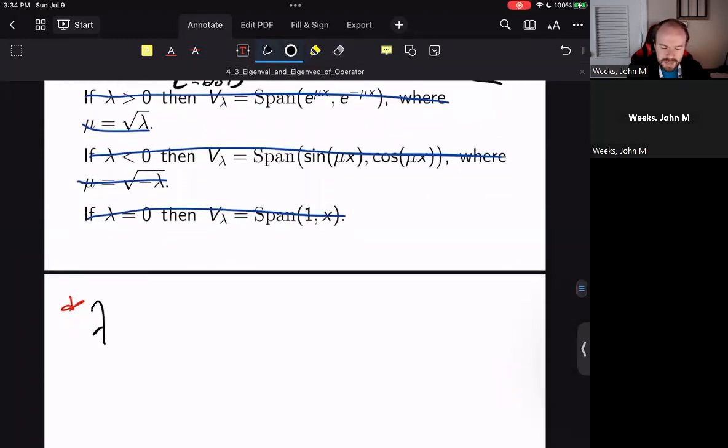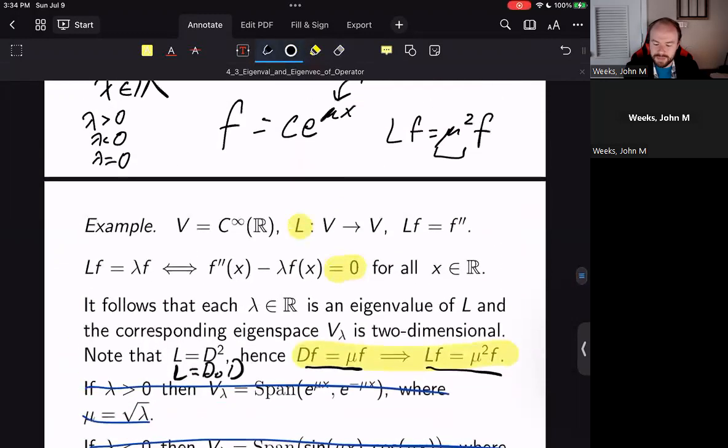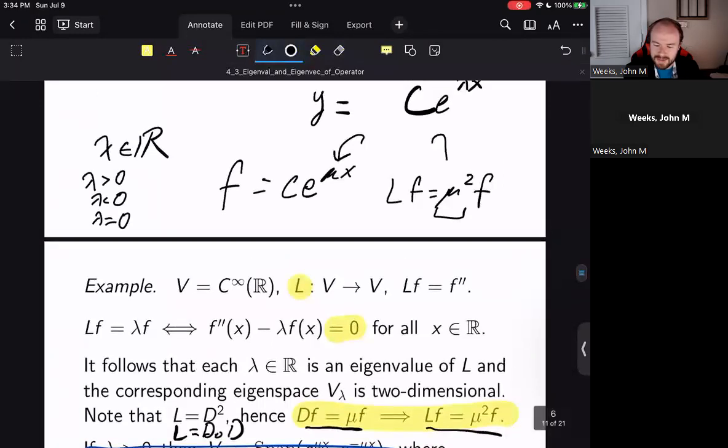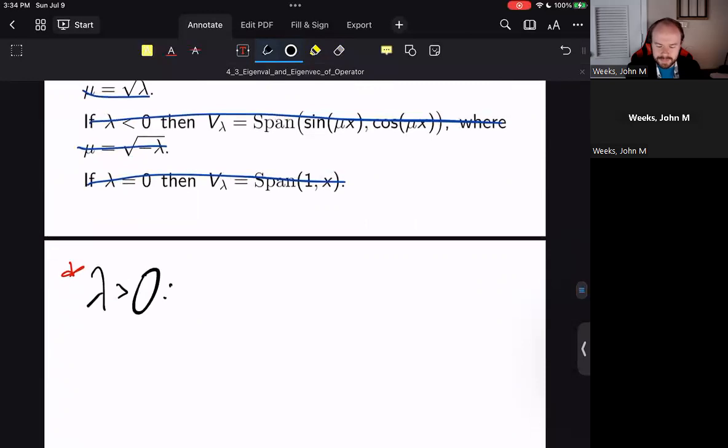Let's talk about the case where λ is greater than 0. Okay, if λ is greater than 0, that is the eigenvalue for this space. Here again, λ equals μ squared. Then what is μ going to be? Well, μ also has to be greater than 0, right? Well, not necessarily. μ could be a negative number. Well, and it can't be 0.